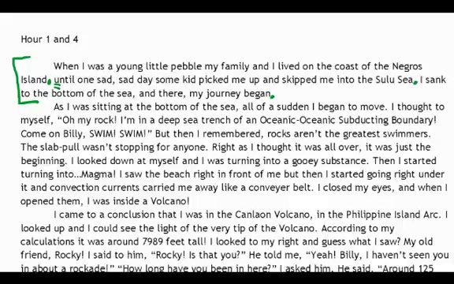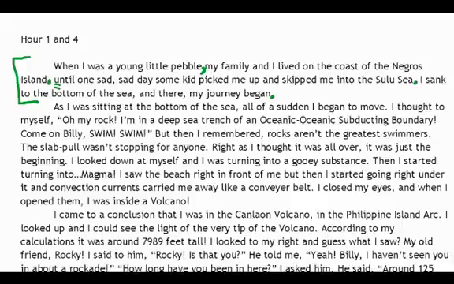There was a pause in there if you listened. I'm going to go ahead and read it through once, and we'll see if you can recognize the pause. When I was a young little pebble, my family and I lived on the coast of the Negros Island. So did you see where it was? That's right, after pebble and before my.